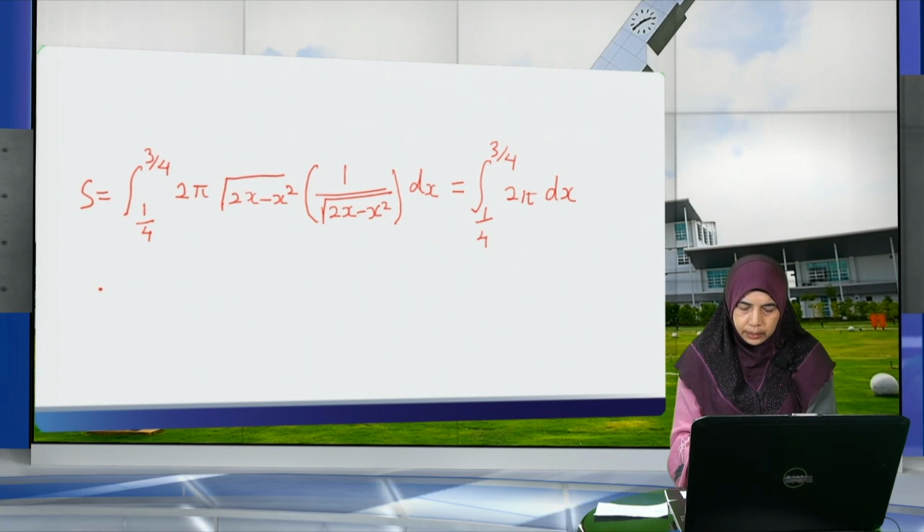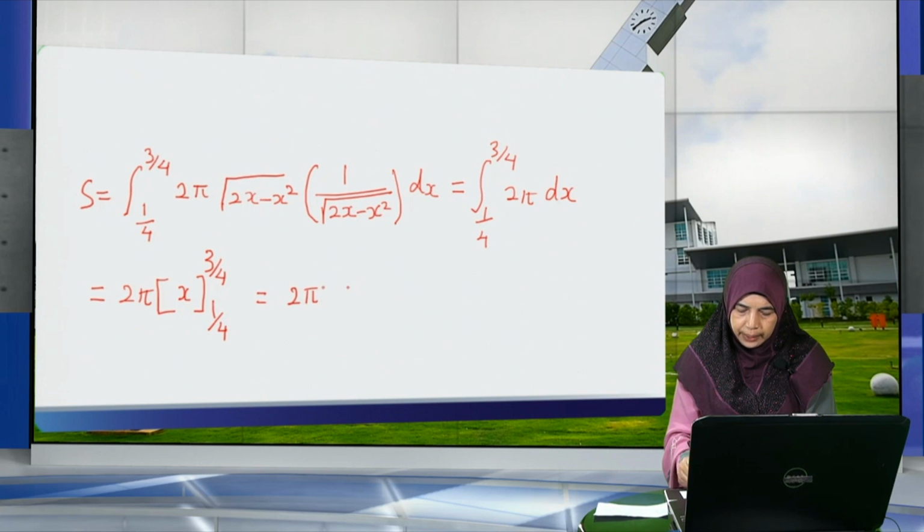Alright? So we will get 2x. Integrate that, we'll get x. Integrate from 1 over 4 to 3 over 4. And we substitute values in. We have 2 pi. Substitute the upper limit, 3 over 4, minus lower limit, 1 over 4.